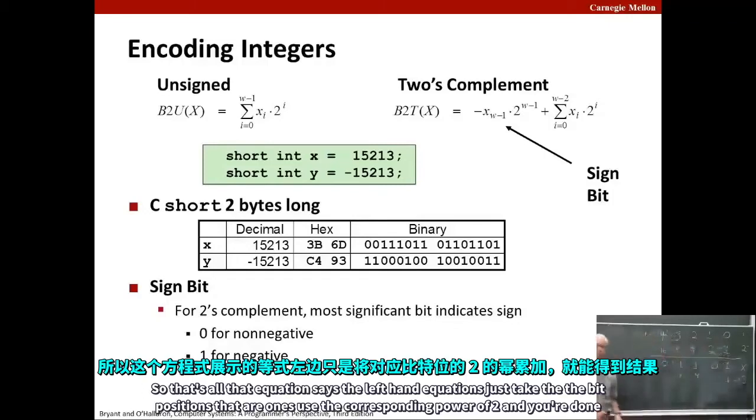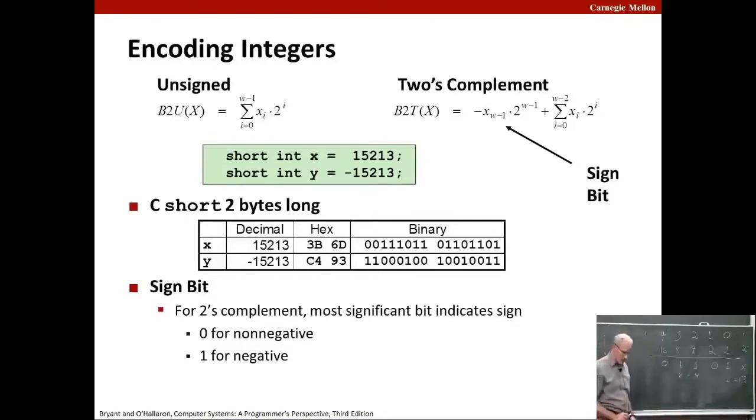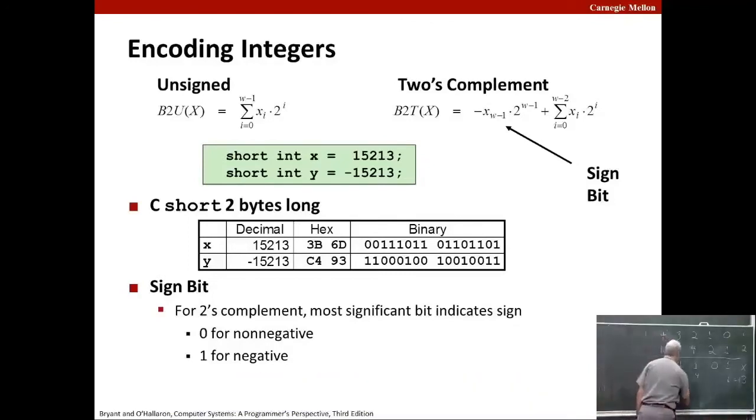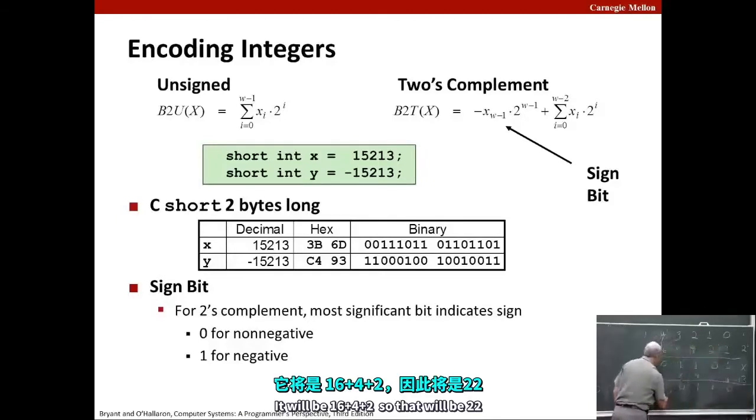So that's all that the left-hand equation says. Just take the bit positions that are 1s, use the corresponding power of 2, and you're done. Similarly, if I have a number where there's a leading bit, it will be 16 plus 4 plus 2, so that will be 22.